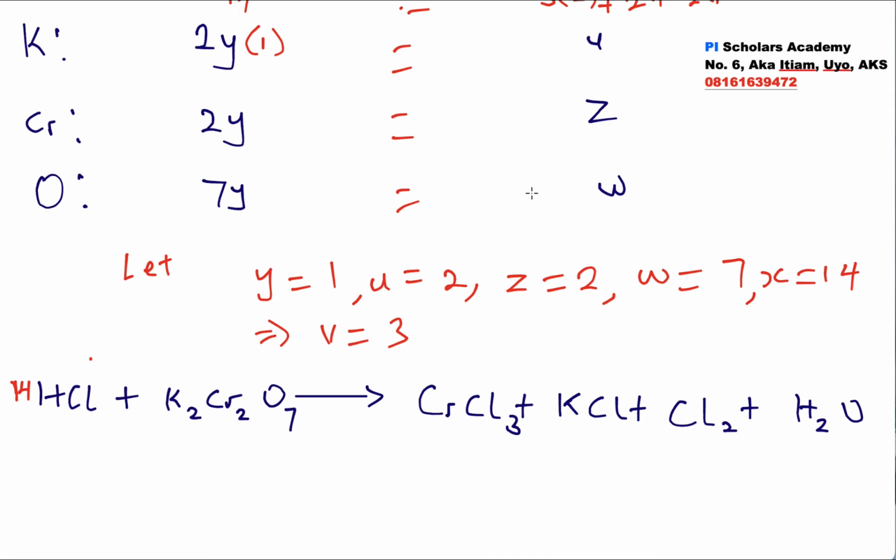Y. Y is 1. And then what was here? Z. Z is 2, so put a 2 here. Then what followed by U. U is 2. We put a 2 here as well. Then followed by V. V is 3, so there will be 3 here. And followed by W, which is 7. And this balances the equation.